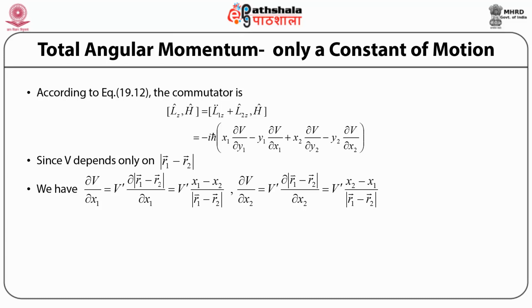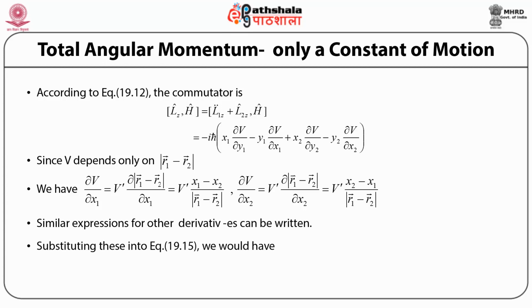This is equal to v prime into x1 minus x2 divided by modulus of r1 minus r2. Similarly, del v by del x2 is equal to v prime into x2 minus x1 divided by modulus of r1 minus r2. Here, v prime is the derivative of v with respect to r. Similar expressions for other derivatives can be written.